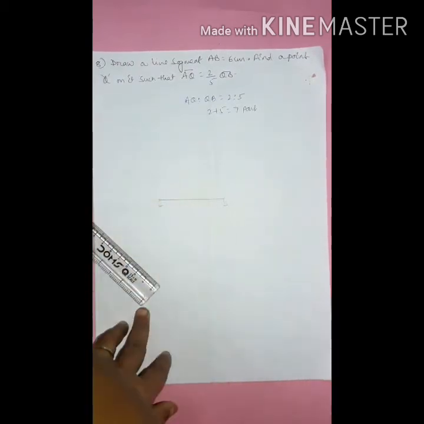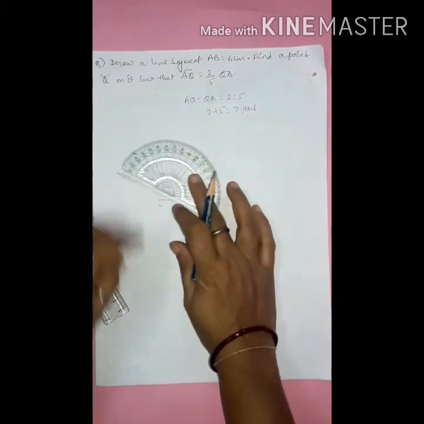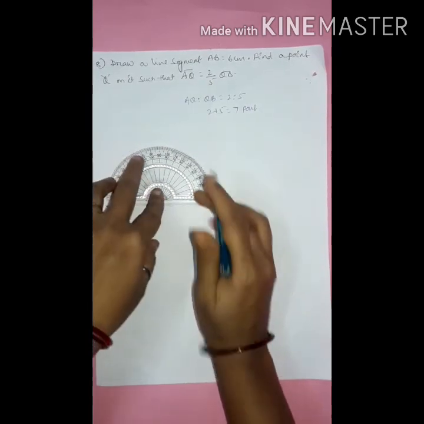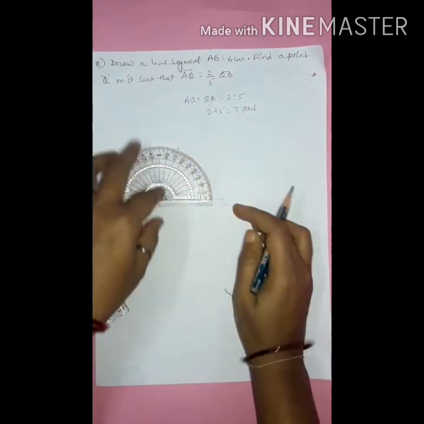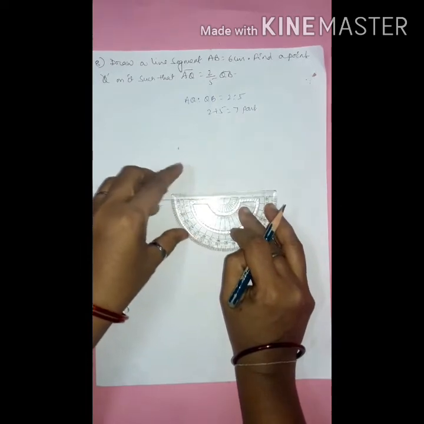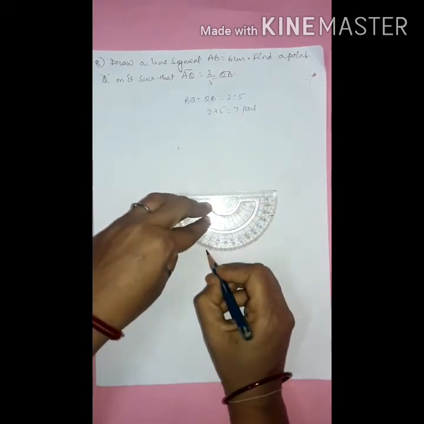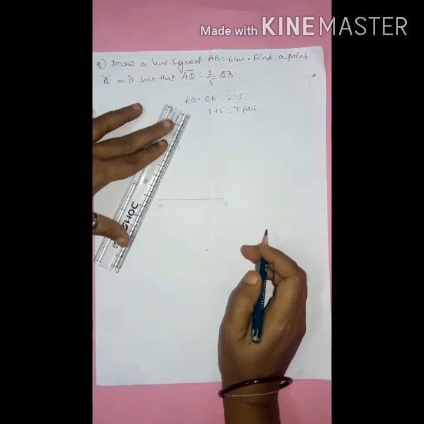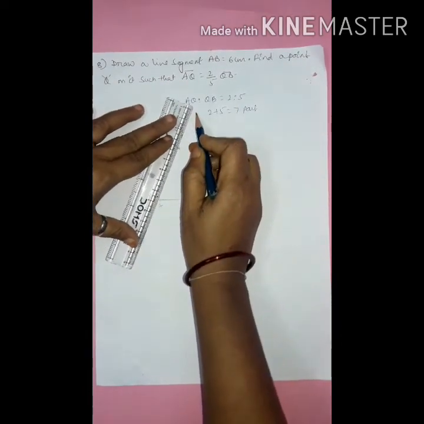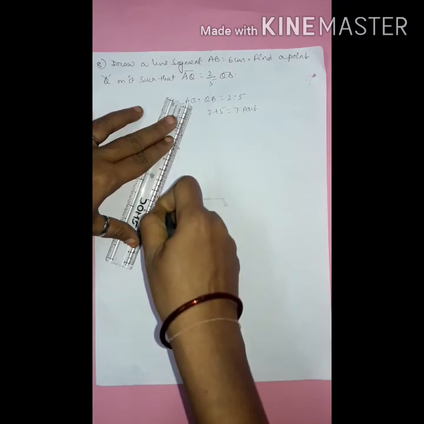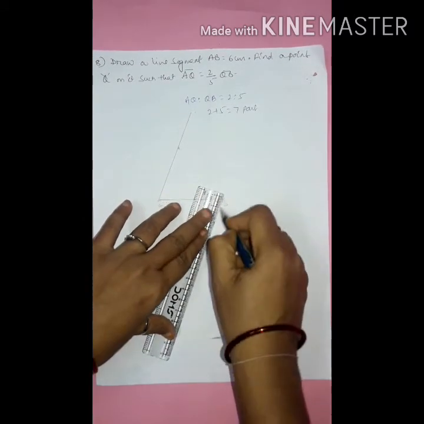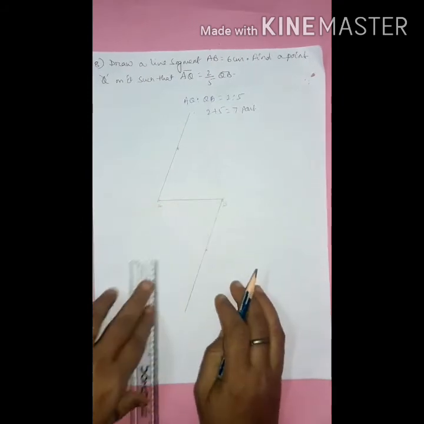Same like that, you have to construct an acute angle, less than 90 degree. Any angle you can take. Like I am taking 70 degree here. At center A 70 degree, and also at center B 70 degree. Now join this one. 7 parts.